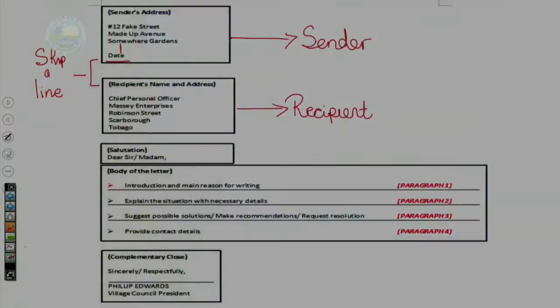After we've done that, again, we skip a line. As we said, we want to have clarity. We want to make sure that there's really good organization in our letter so that whoever looks at it, it's not congested.